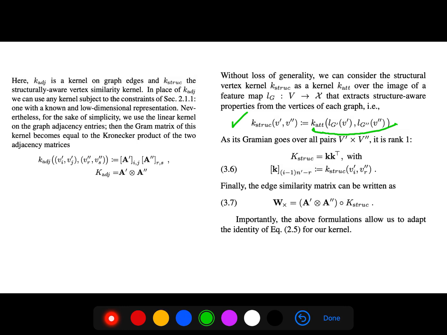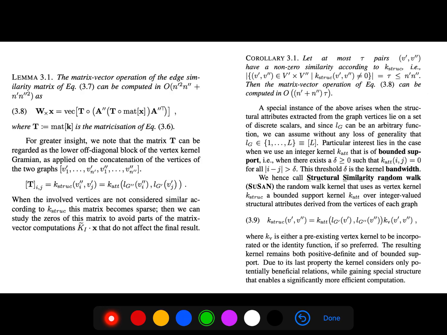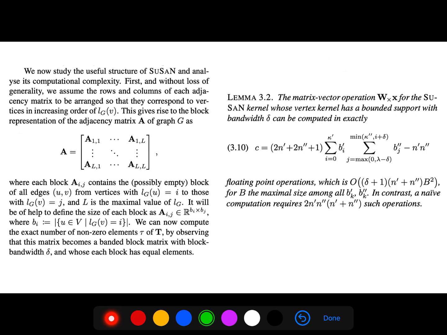As its gradient goes over all pairs, it is rank 1, and the edge similarity matrix can be written as this W. So now we study the useful structure of SUSAN and analyze its computational complexity.